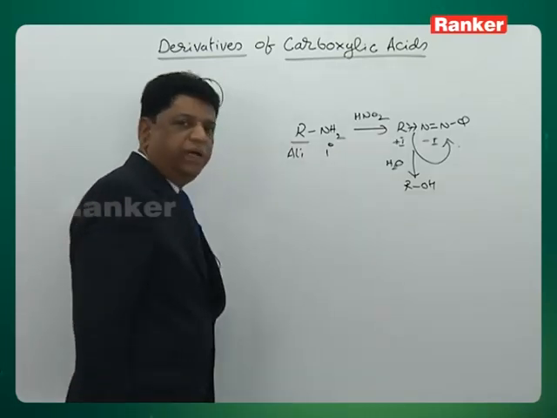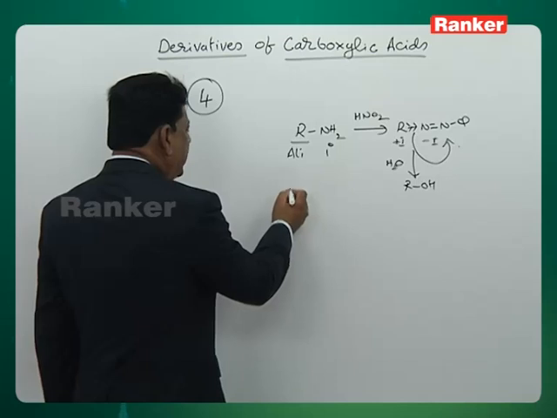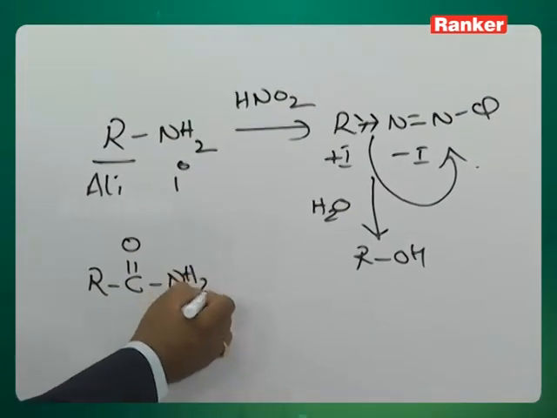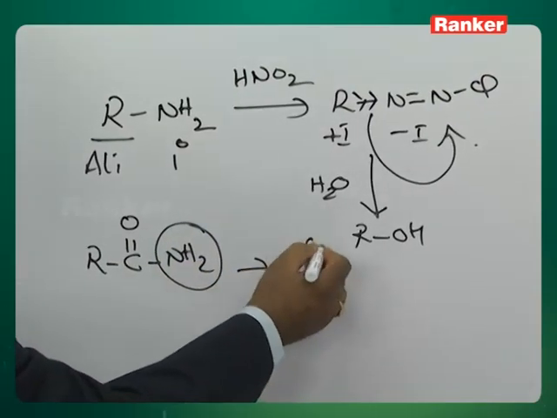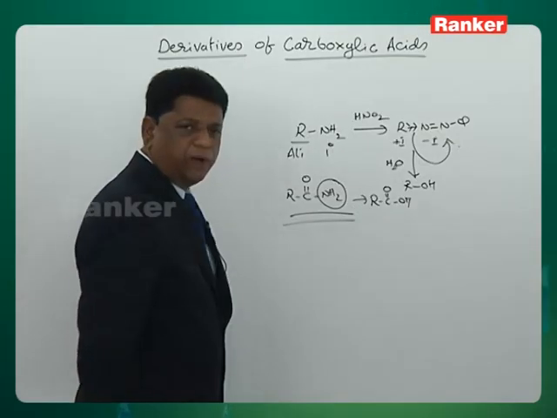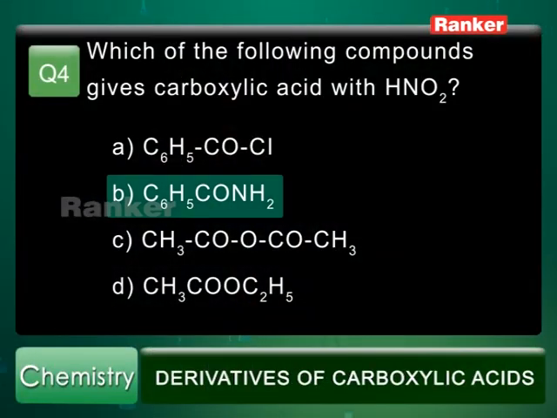So 1 degree amines with nitrous acid give alcohol. In a similar way, acid amides also undergo the same type of reaction, in which the NH2 finally becomes RCOOH. Therefore, only the acid amides will give the carboxylic acid, not all other acid derivatives. So option B is the right answer.